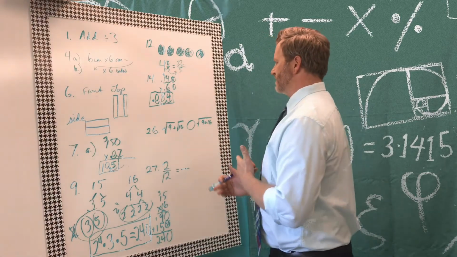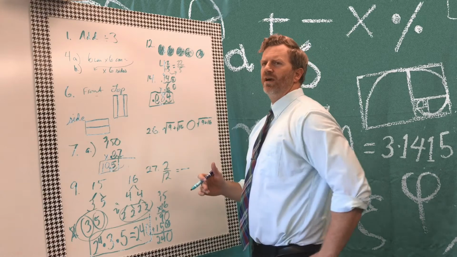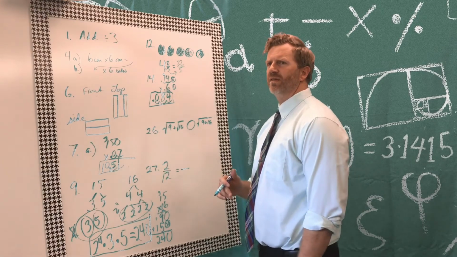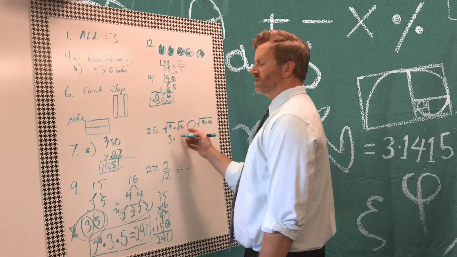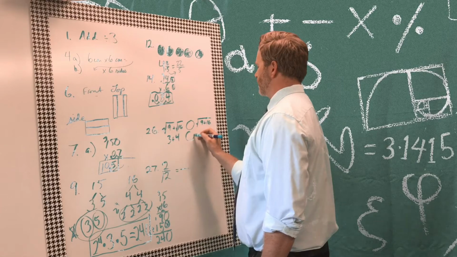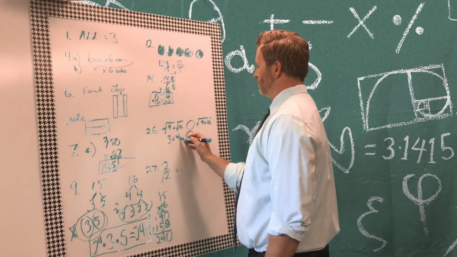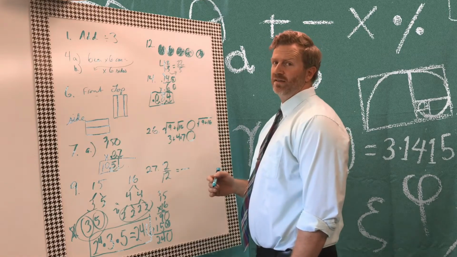So check out 26. We got the square root of 9 plus the square root of 16. So who could help me out? What is the square root of 9? Joseph, help me out. What's that equal? Yep, that's 3. And then what's the square root of 16? And then we're comparing that, and that totals 7. Now, what's 9 plus 16?